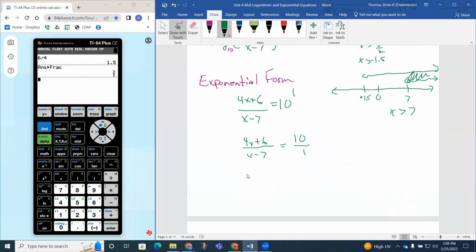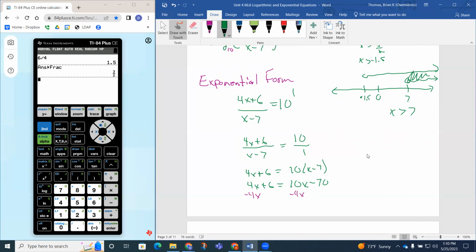So 1 times 4x plus 6 is going to be 4x plus 6. And then we'll have 10 times x minus 7. So I have 4x plus 6, and then if you multiply the 10 through, that's going to be 10x minus 70. Now to get x by itself, we pick on the little guy, which would be the 4x. So I want to lose a 4x here as long as I lose a 4x over here.